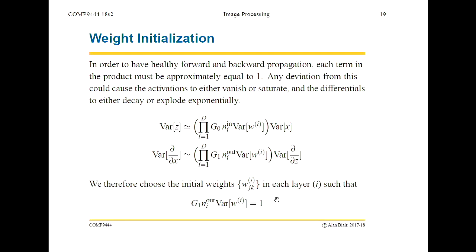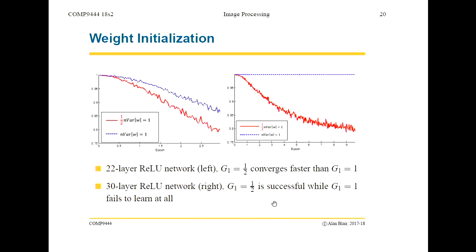So we choose that at the beginning, and then hopefully that'll be maintained during the backpropagation. And this choice of g1 is important. These are some graphs that show you what can happen.